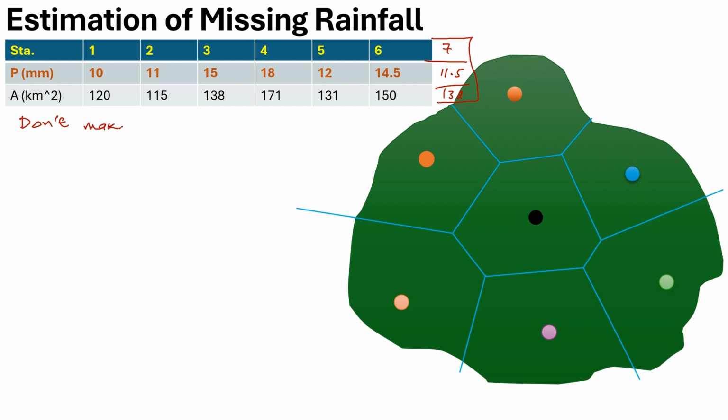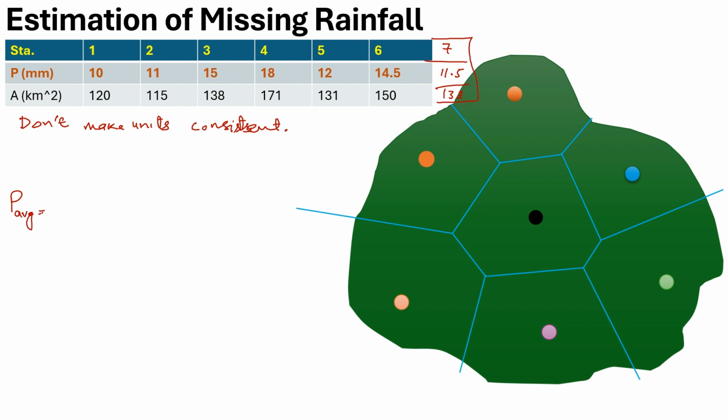Do not make units consistent for this method. You can use the unit of precipitation as it is, and the unit of area as it is, and at the end you will get the right answer in units of precipitation, because we are going to determine the average precipitation.